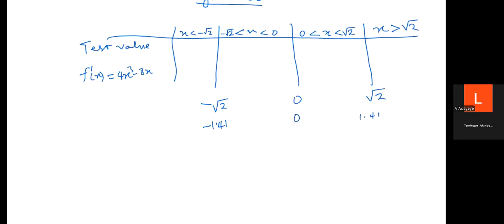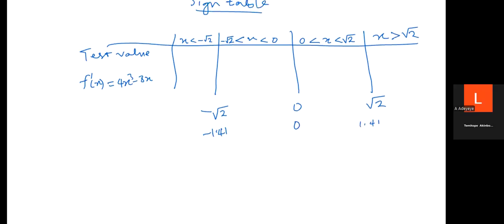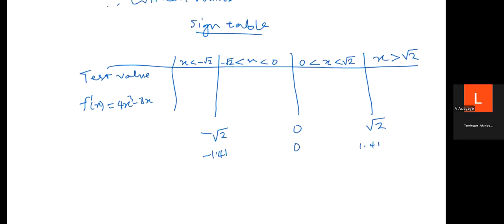So pick a number that is less than minus 1.41, maybe minus 2. Pick a number that is greater than minus 1. Here, greater than 0, less than 1.41, maybe 1.